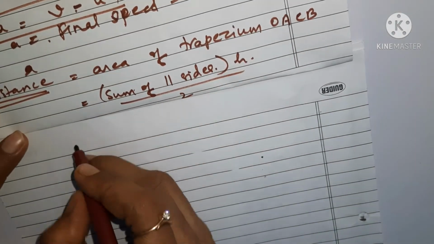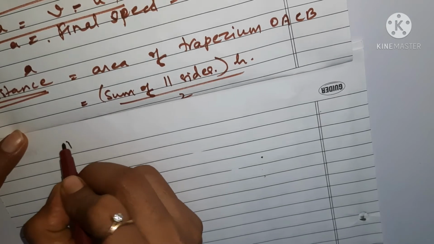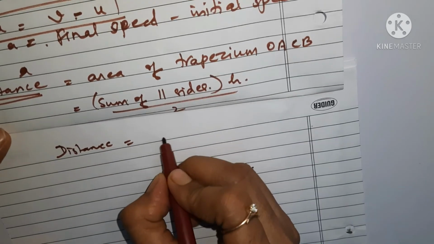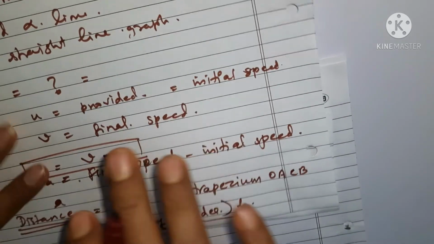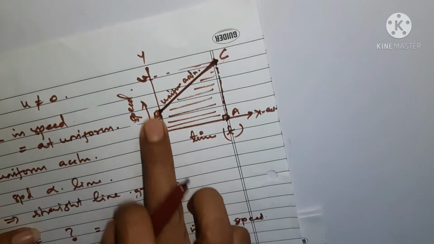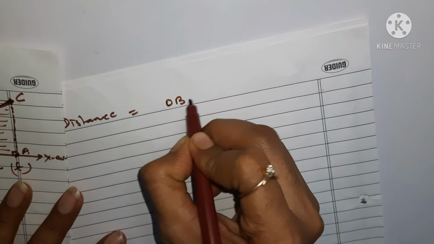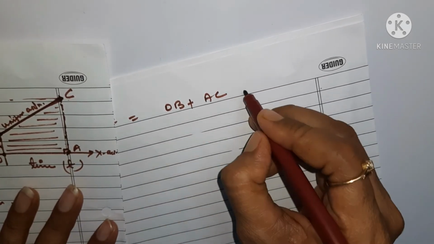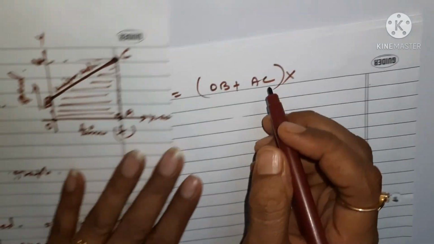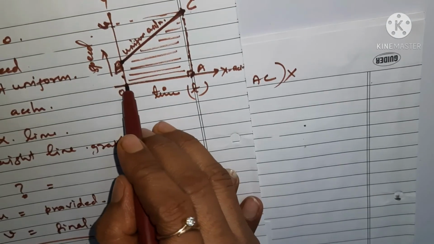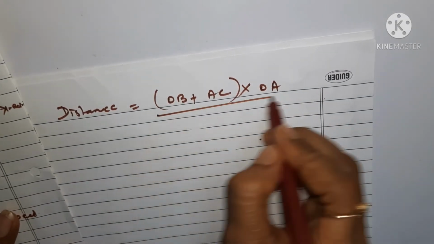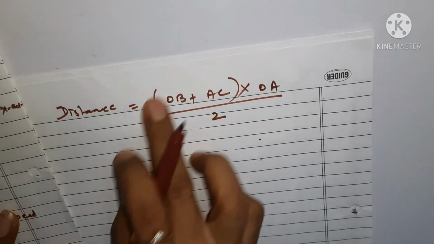So distance is given by sum of parallel sides, in this case the parallel sides OB and AC, so OB plus AC, into height. Which is going to be the height in this case? You can say this is the height, OA. So into OA and upon 2. So this is going to give you the distance.